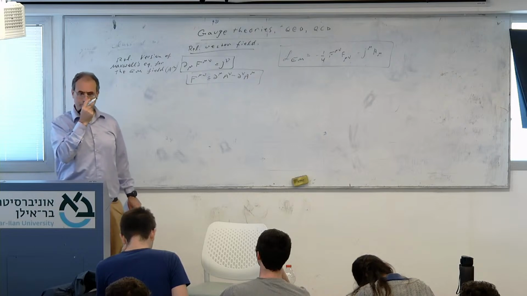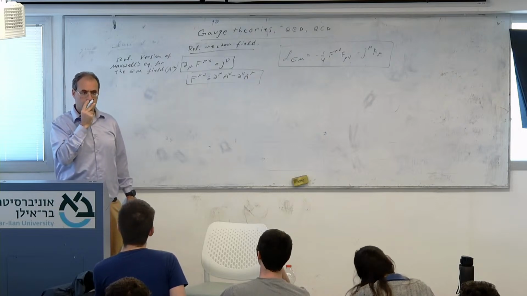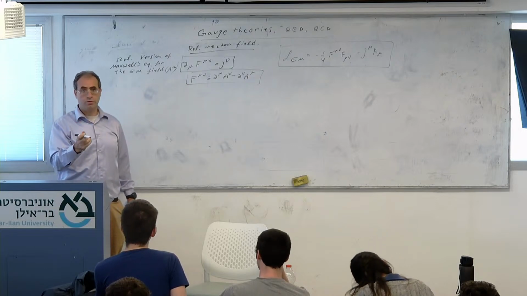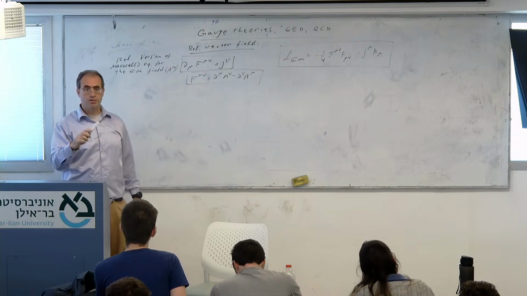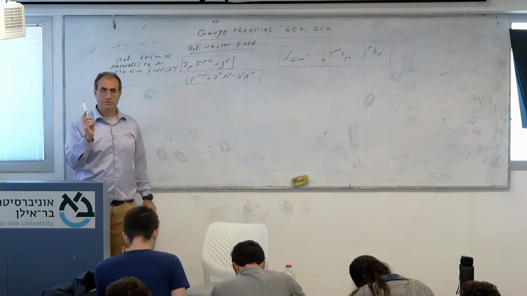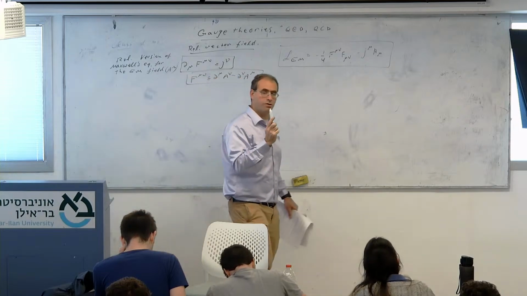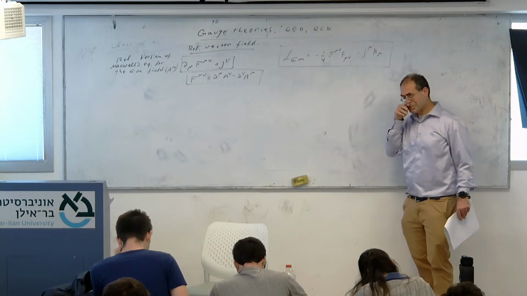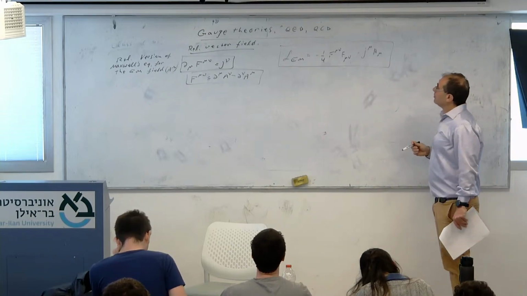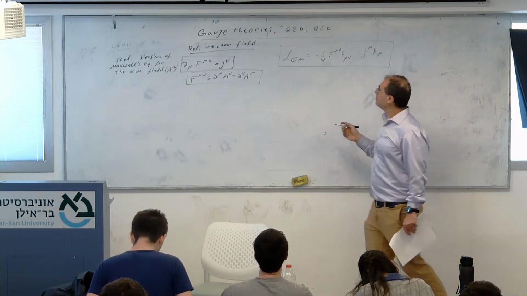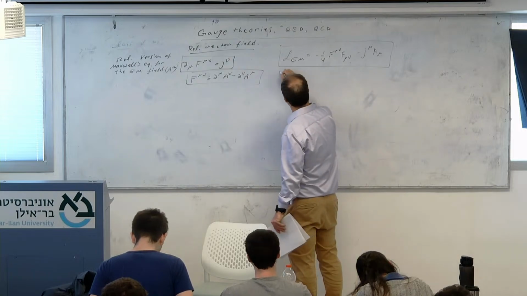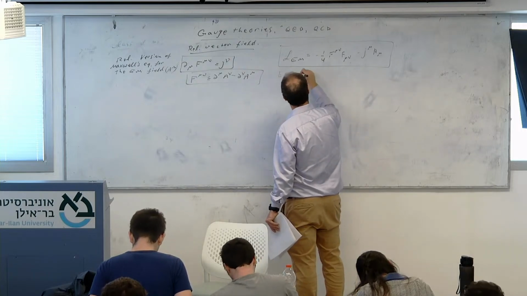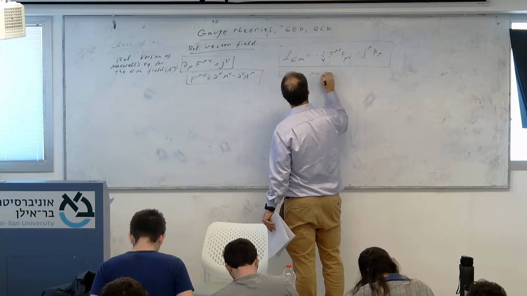They are real, and they describe the polarization. Photons can be polarized in 2 ways. So Euler-Lagrange gives back Maxwell.